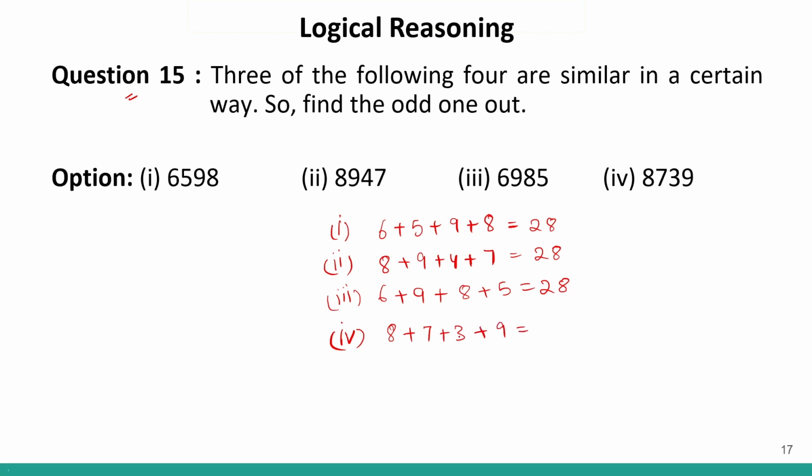So 7 plus 3 is 10, and 8 plus 9 is 17. So 10 plus 17 means 27. Okay, so I can see in option number 1, 2 and 3 the sum is equal to 28. But in option number 4 the sum is equal to 27. So option number 4 will be the correct answer, because only in this particular option the sum is different. Correct?